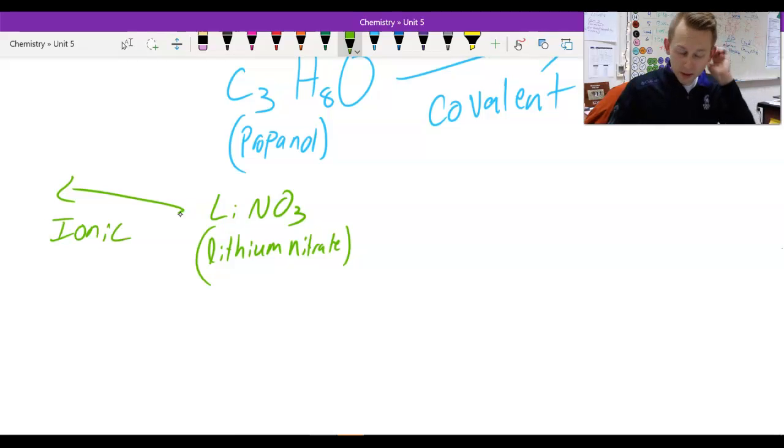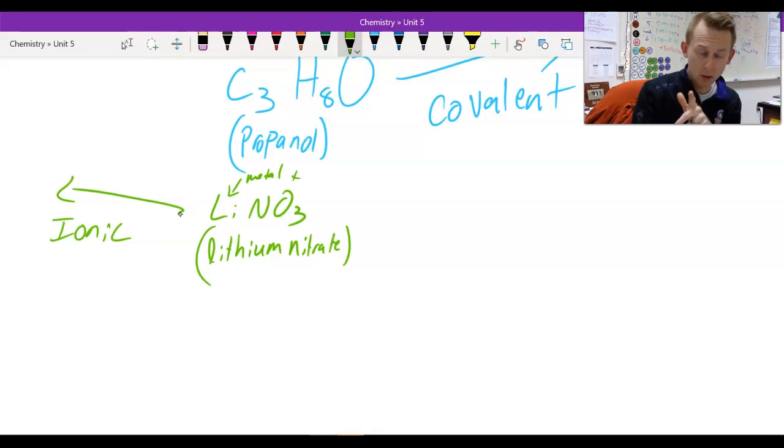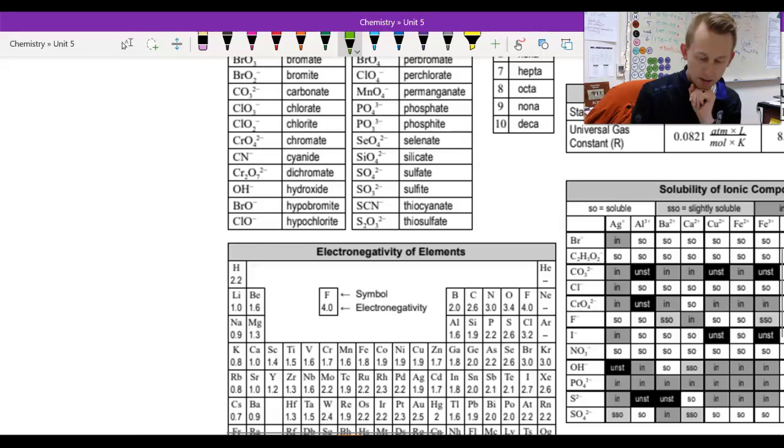Now the other way to think about this is I've got a metal plus two nonmetals, or you can think about it like it's a polyatomic ion. Right? So nitrate is one of those that's listed here.